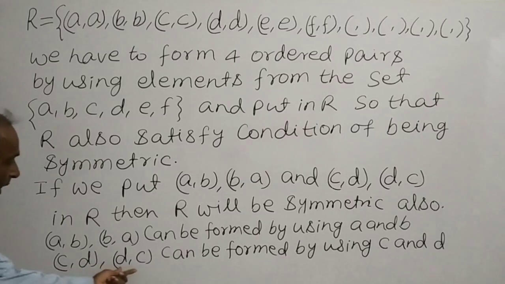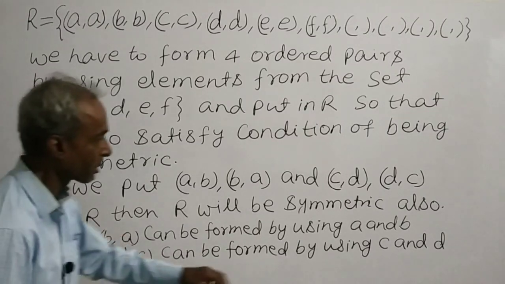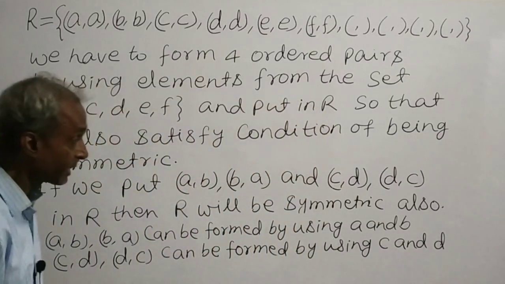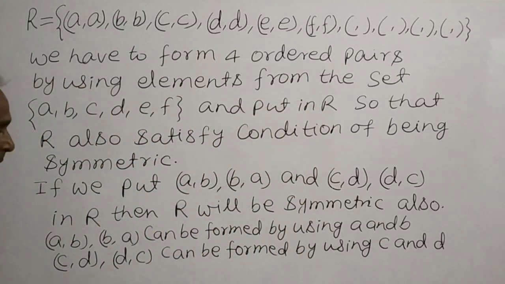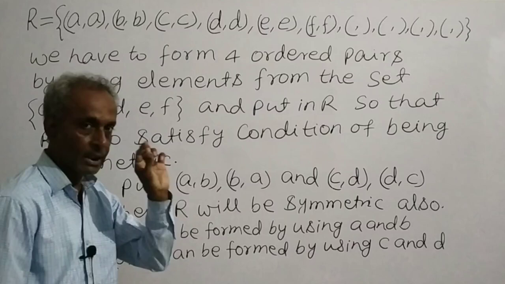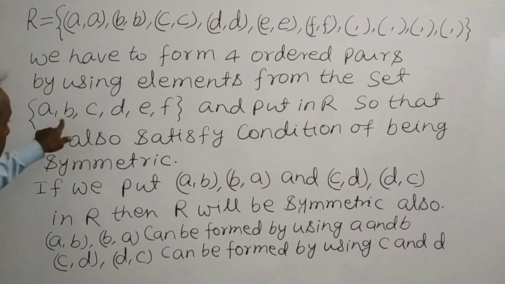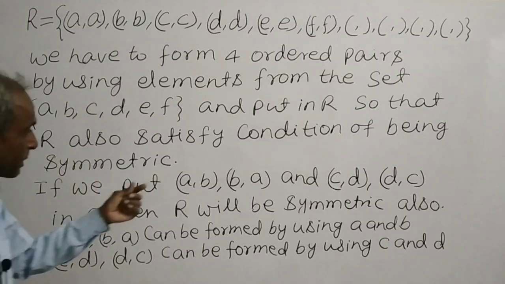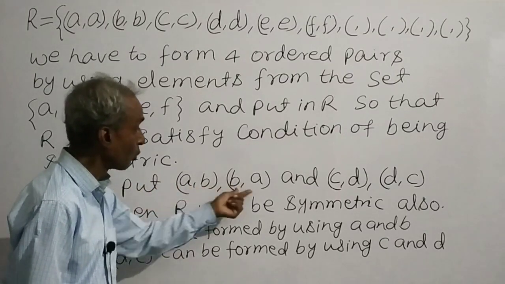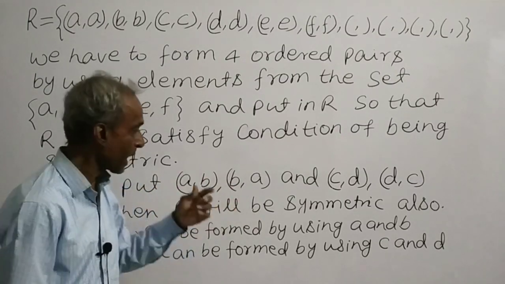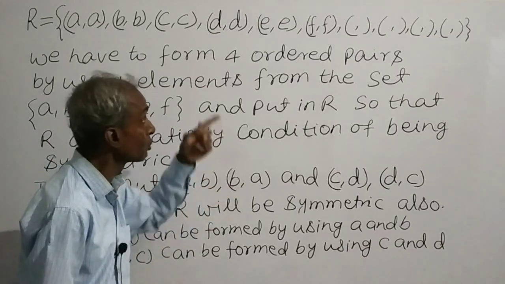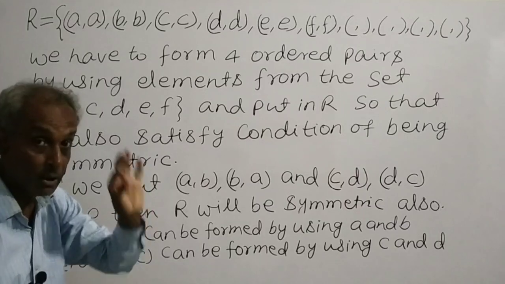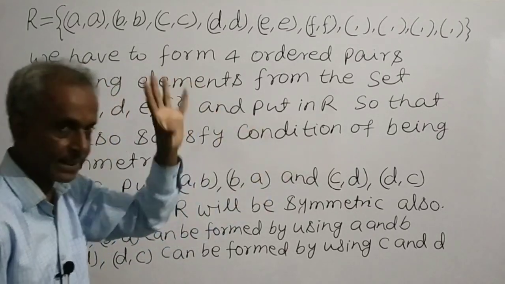Similarly, CD and DC can be formed by using these two letters C and D. That means any combination of two elements from this set will give this type of two ordered pairs, so that when we put these two ordered pairs inside R, then R will also be symmetric.